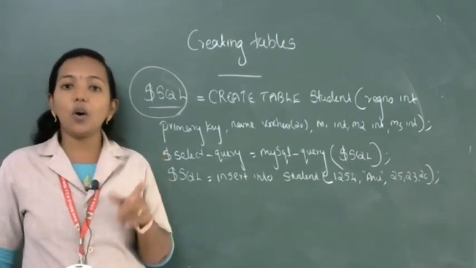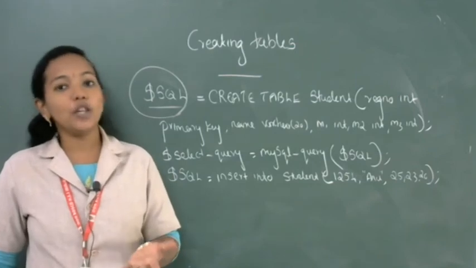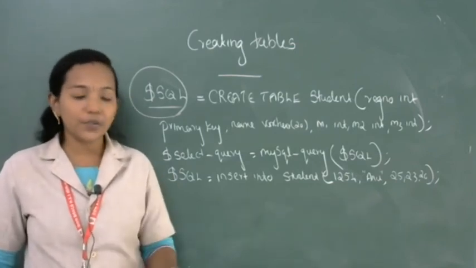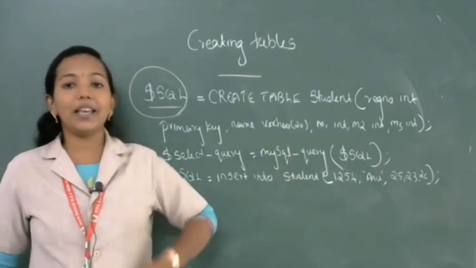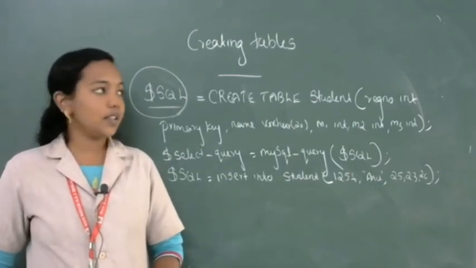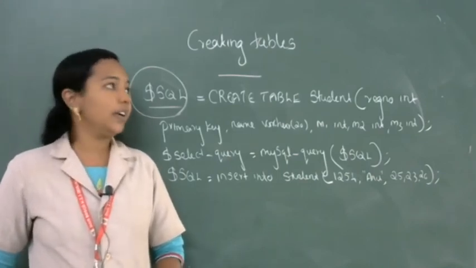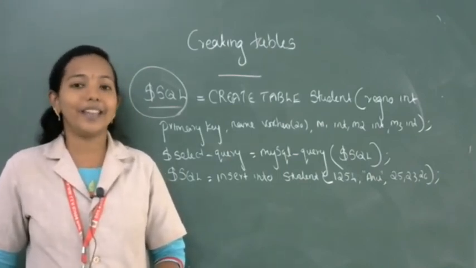If you specify $SQL, then automatically that query will execute. For all this, we are using the same function, the MySQL query function. Clear? So using this we can execute all the DML commands and also DDL commands like the create table command.